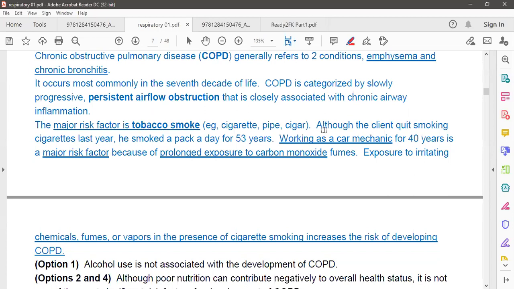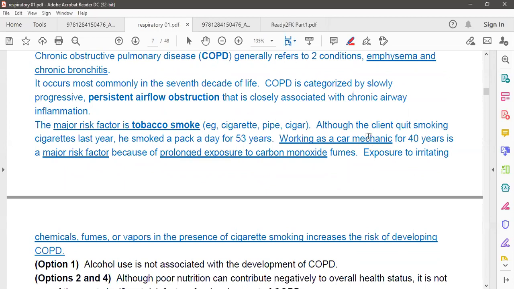Although the client quit smoking or completely stopped the cigarettes, this patient smoked a pack a day for 53 years. The smoking plus working as a car mechanic.